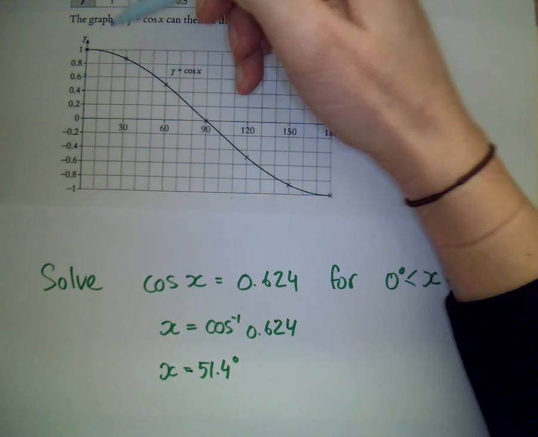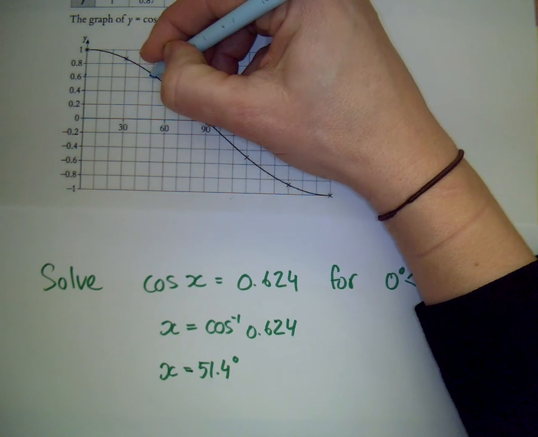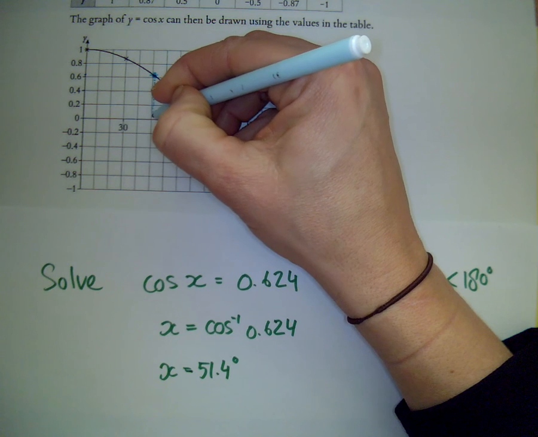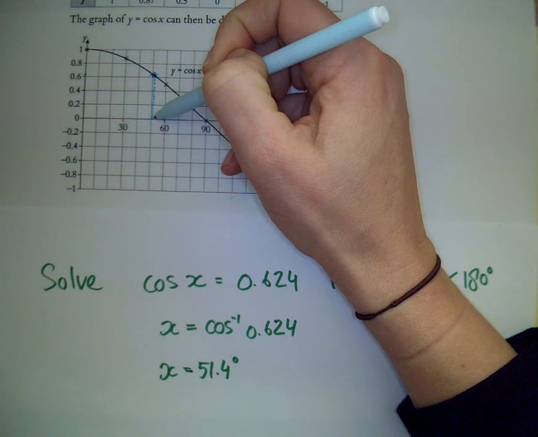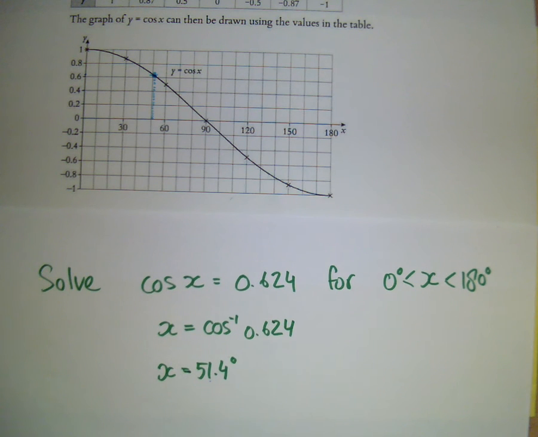Does that look right? Yeah, that looks right. So it would be around here, right? This is where they touch. And this is 30, 40, 50, so it's a little over 50. And that looks right because we got 51.4.